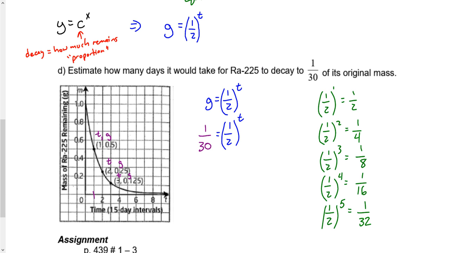Because it's 1/32nd, our T is 5. For some reason, I want to write 15. That's not right. Now, the last thing is this T is 5 15-day intervals.